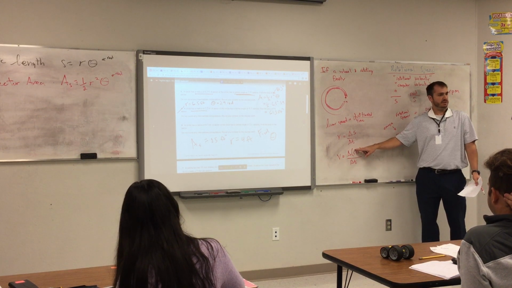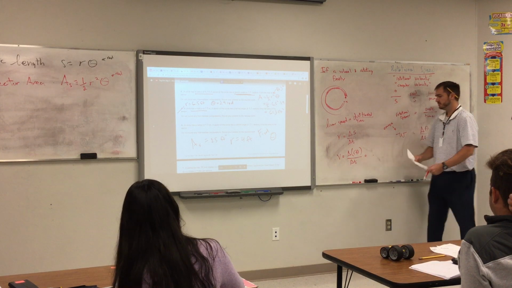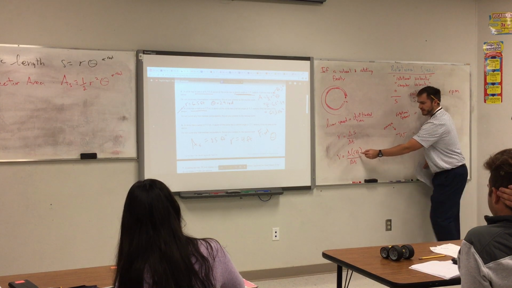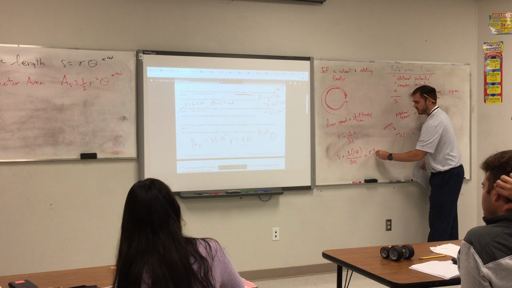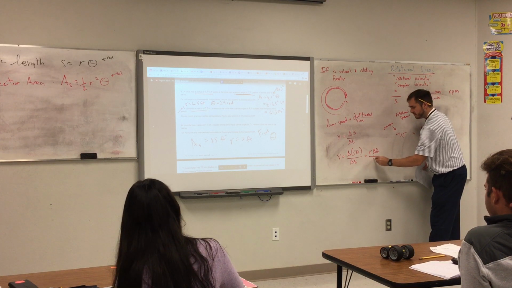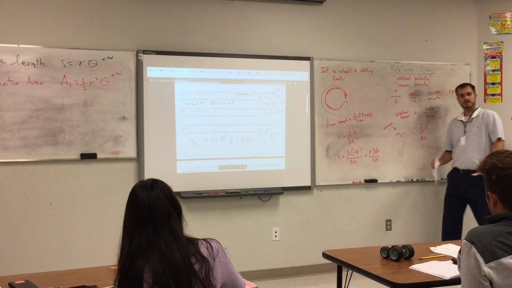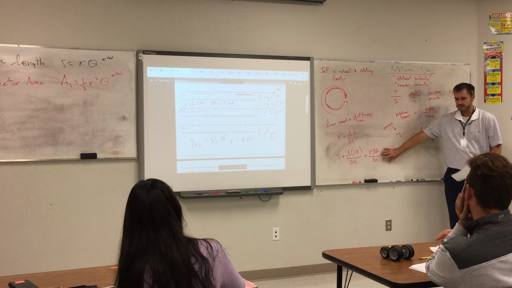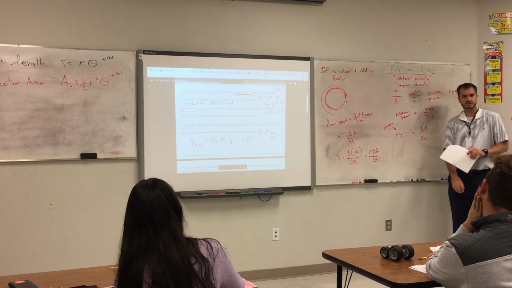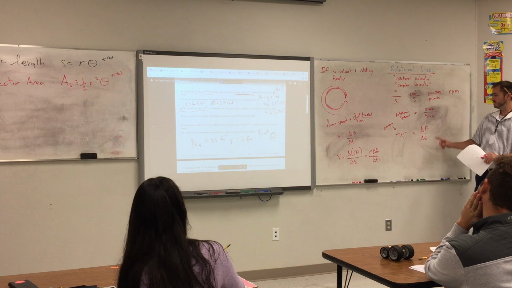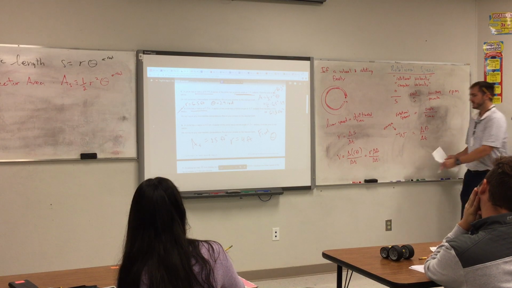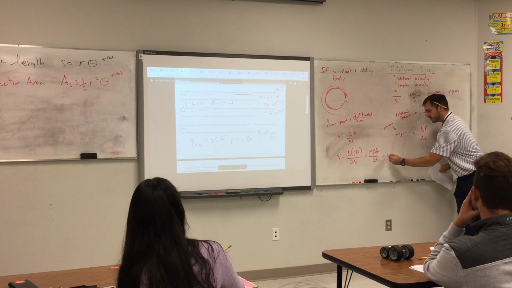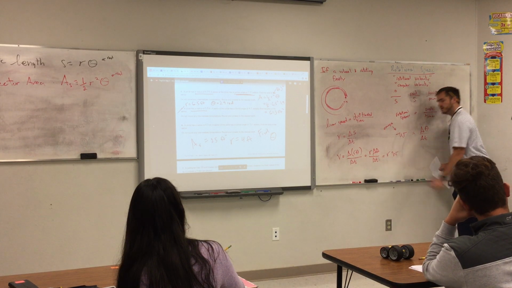Does the radius change? No. So I'm just going to apply that delta to this theta. So it's R delta theta over delta t. Delta theta over delta t, does that look familiar? This formula right here. So R times omega.